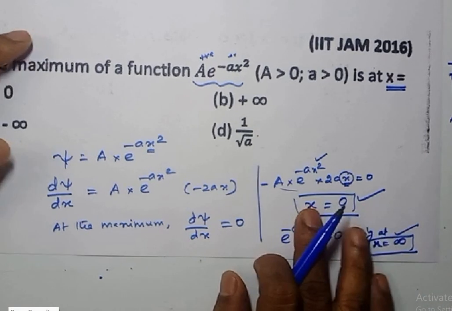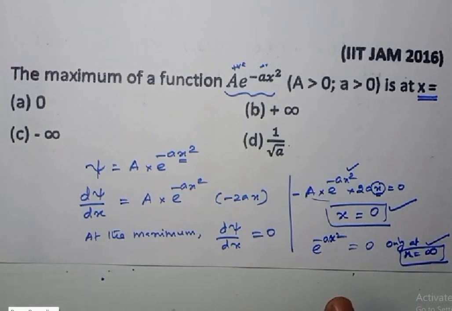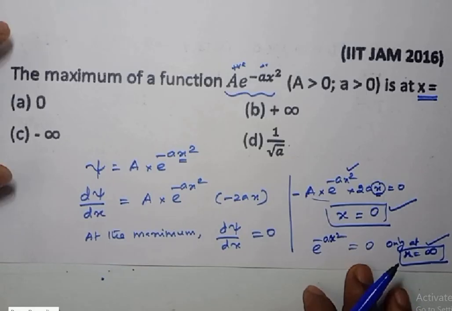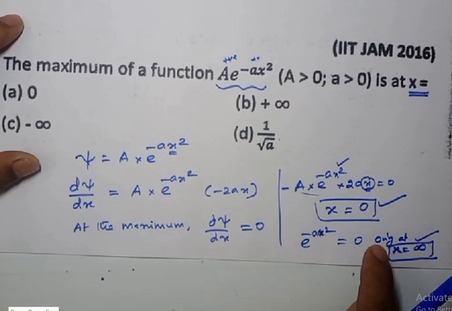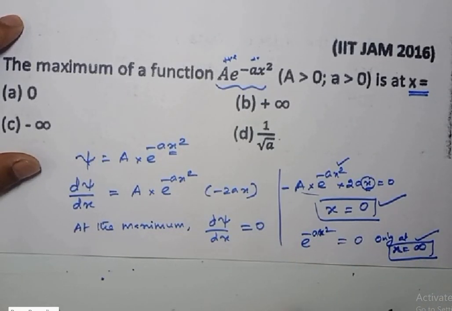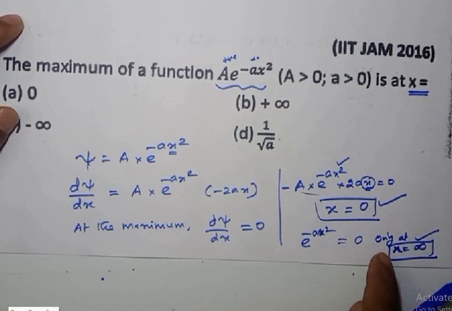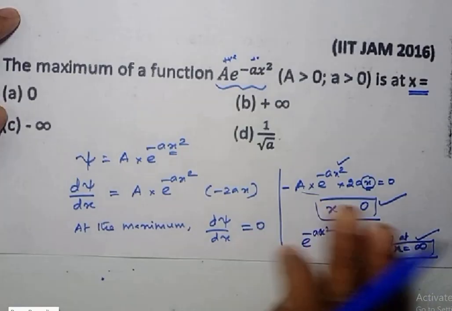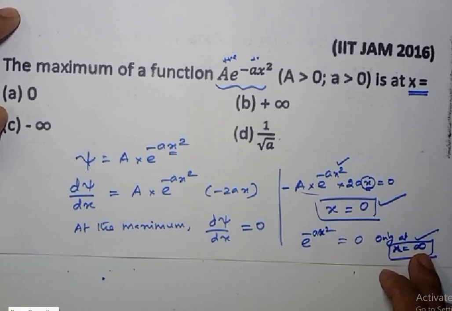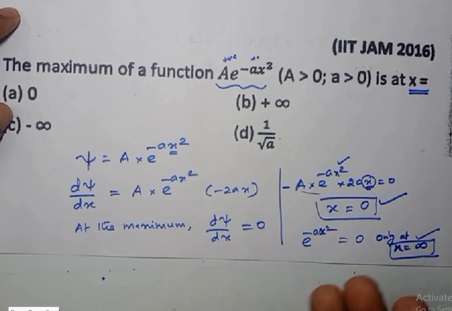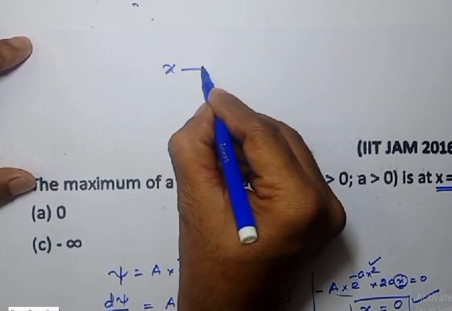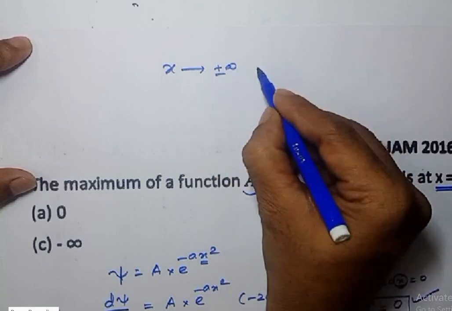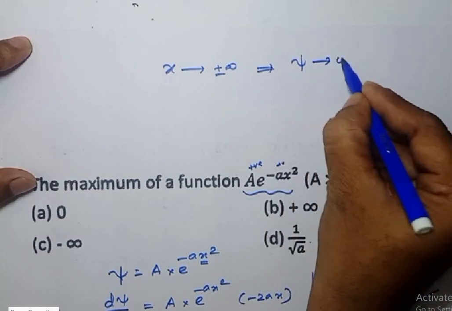But for an acceptable wave function, the wave function should vanish at x equal to infinity. Therefore, you won't get maximum at x equal to plus infinity or minus infinity. We know very well, when x approaches plus infinity or minus infinity, the wave function should approach the value of 0.